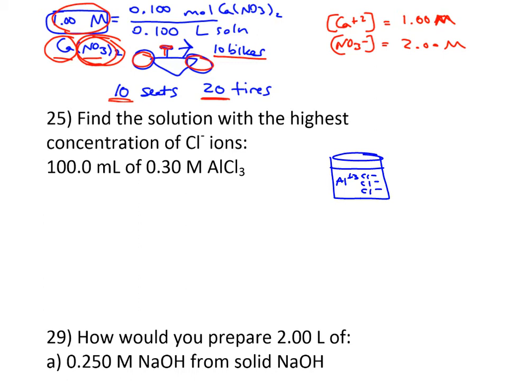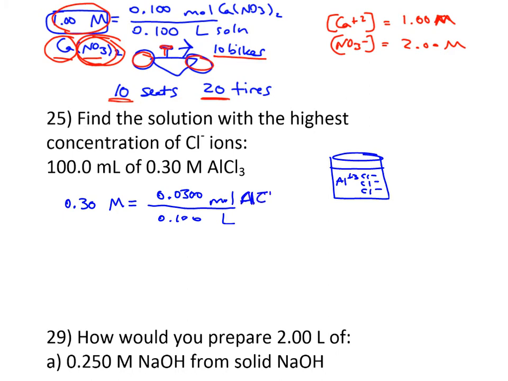So again, if you set up your molarity equals moles over liters, you know that the molarity is 0.3 and the volume is 0.1. So you could find the moles of this, which is going to be 0.0300 moles of, oops, I'm sorry, that should say AlCl3. All right, this isn't going to let me erase, so I'll just fix it.